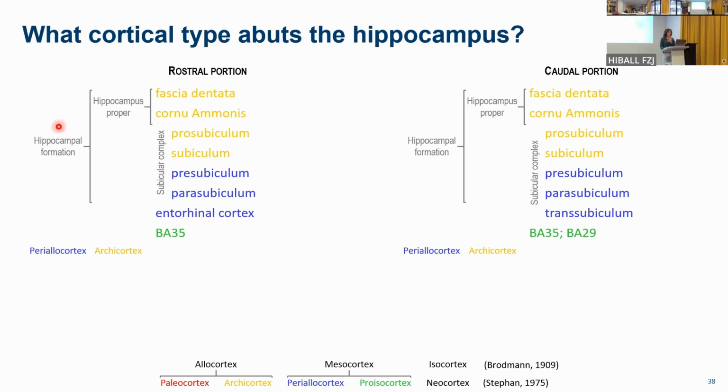Or if you're talking about hippocampal formation, it would be adjacent to the periallocortex, because it would share a border with the entorhinal cortex, okay?